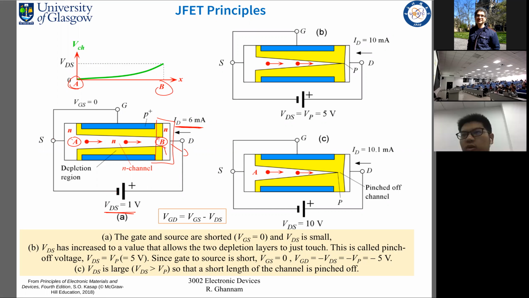This region is more reverse biased, right? Because this terminal is positive and this is an N channel, we have reverse biased this region. And what happens when we reverse bias a PN junction? What happens to the width of the depletion region as a result of reverse biasing a junction? Does it increase or decrease?